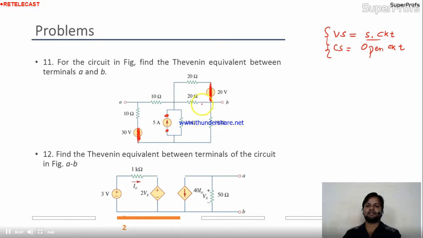Now, your resultant final figure is like this, here I'm drawing.